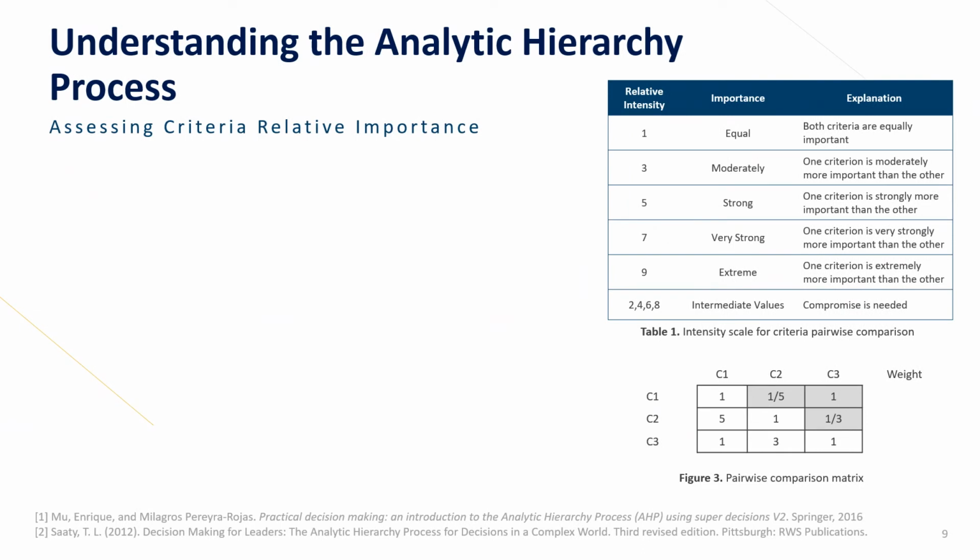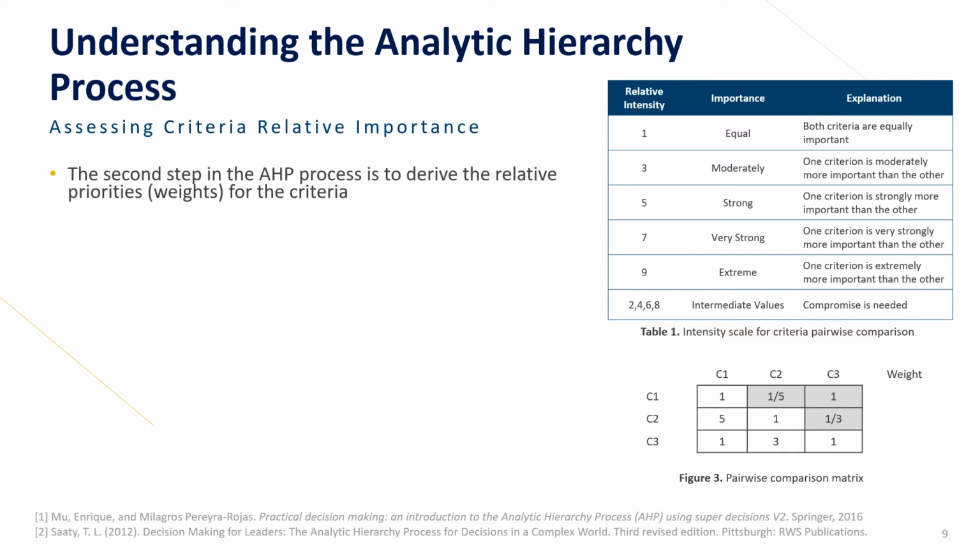After we have the hierarchical model ready, we can move to the next step, which is called assessing the criteria relative importance. Based on the decision maker's assessment, each criteria should be compared, and then they need to show which one is more important than the others.